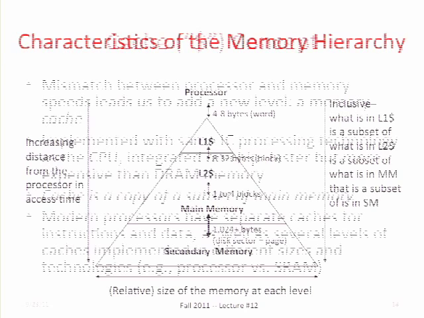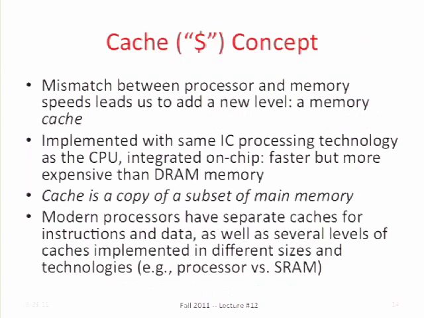The cache is a copy of a small piece of what's in main memory, because the cache is smaller. The size of the cache is a lot smaller than the size of memory. And modern processors have a bunch of different levels of caches. And in fact, as I already told you, there'll be a separate cache for the instructions and a separate cache for data. And we'll talk about why that is in a second. So that's this idea of caching.